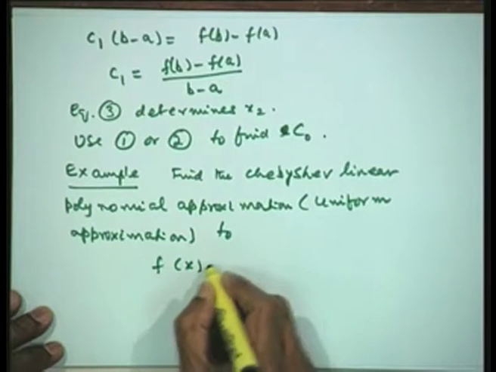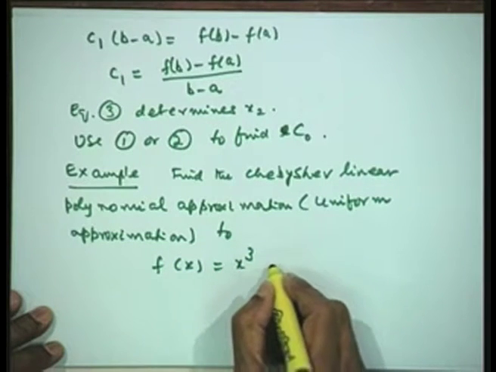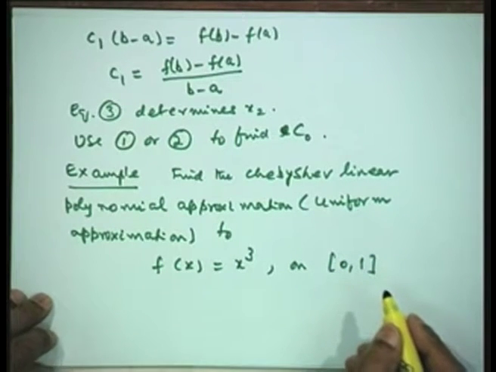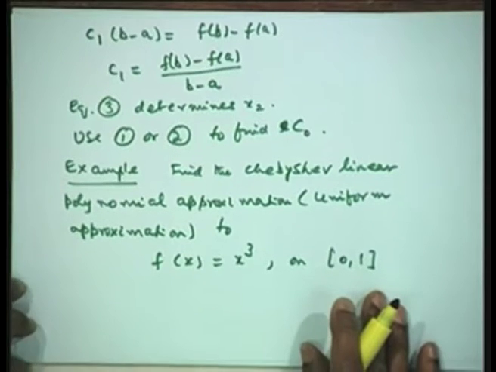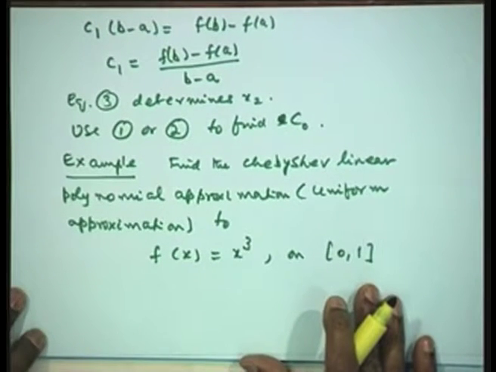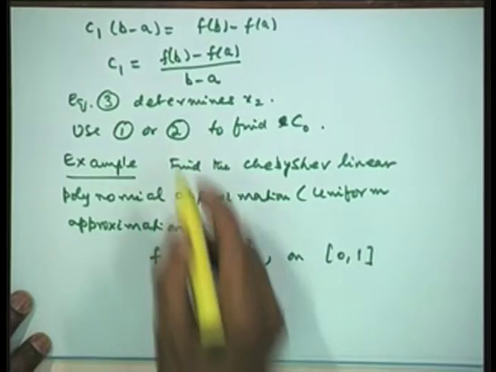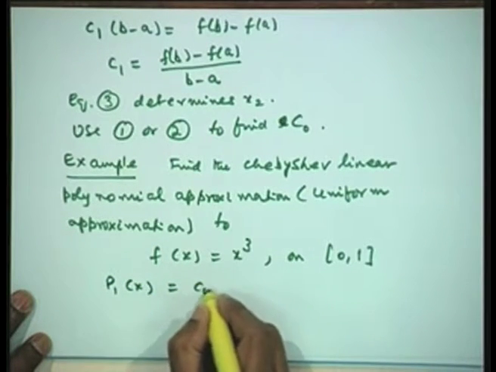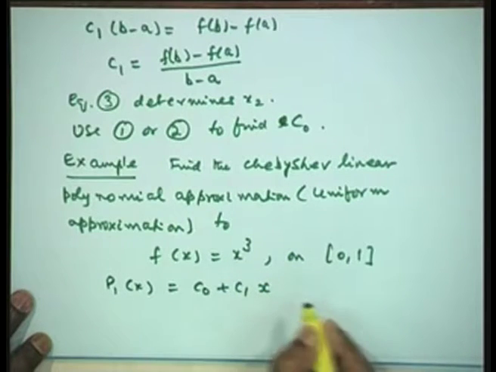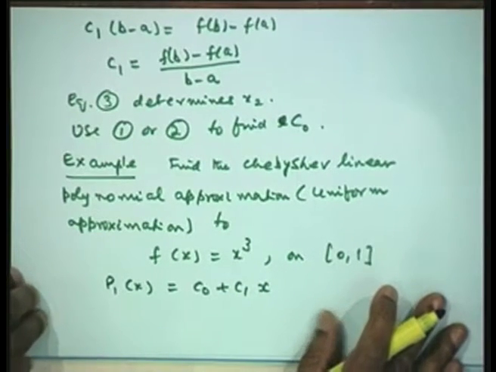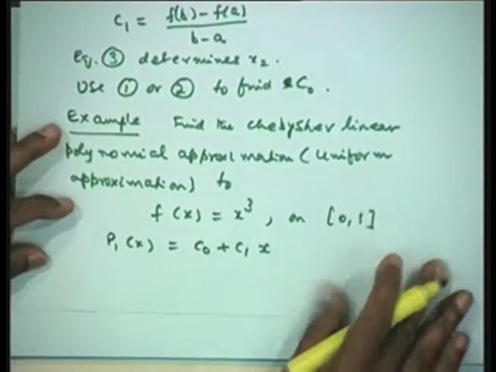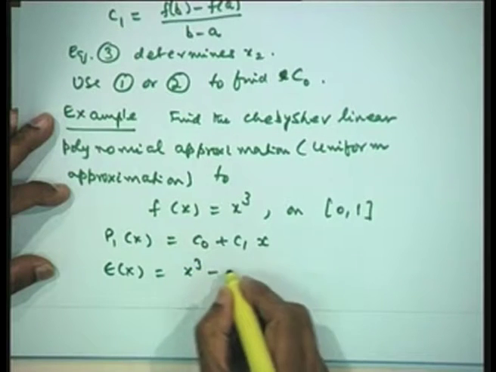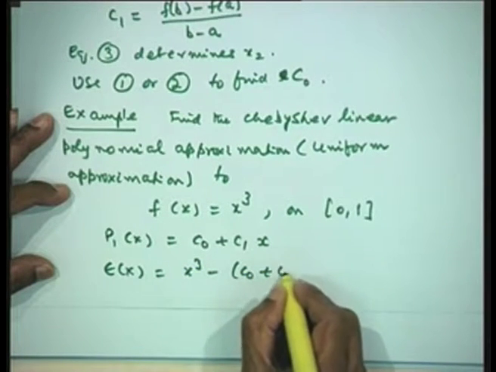Let us take the same function which we have done earlier, f x is equal to x cubed on 0 1. Now, as we have done just now, let us take the required approximation p 1 x is equal to c naught plus c 1 x, and define our error as epsilon x is equal to x cubed minus c naught minus c 1 x.